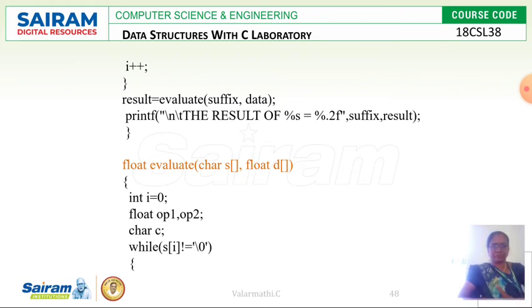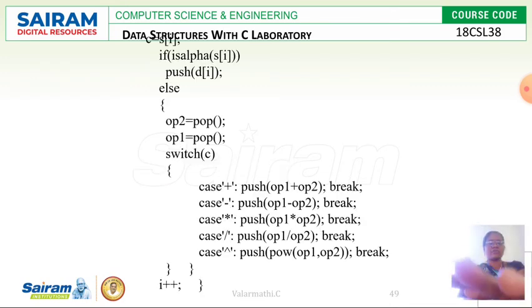Float evaluate, character s, float d. Here int i equal to 0 is a temporary variable. Float operand 1 and operand 2 and character c. Then while s of i is not equal to 0, if isalpha of s, a push operation has to be done.